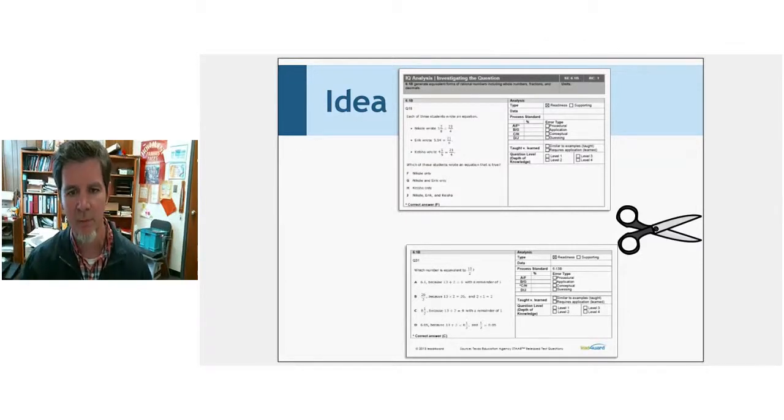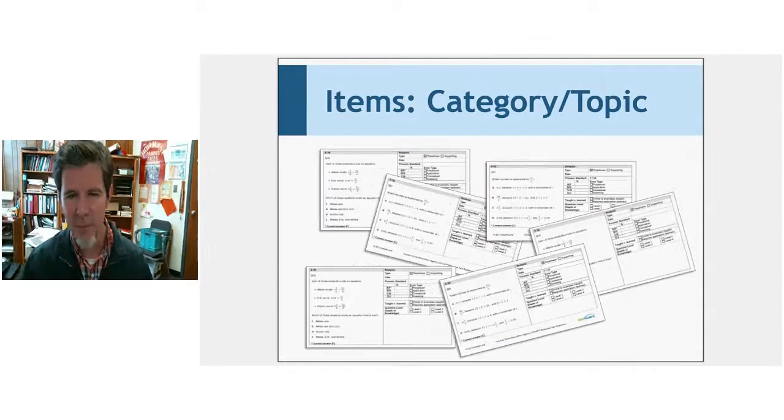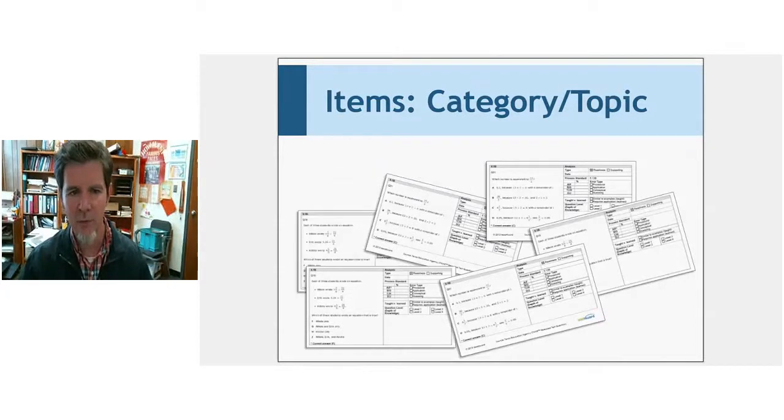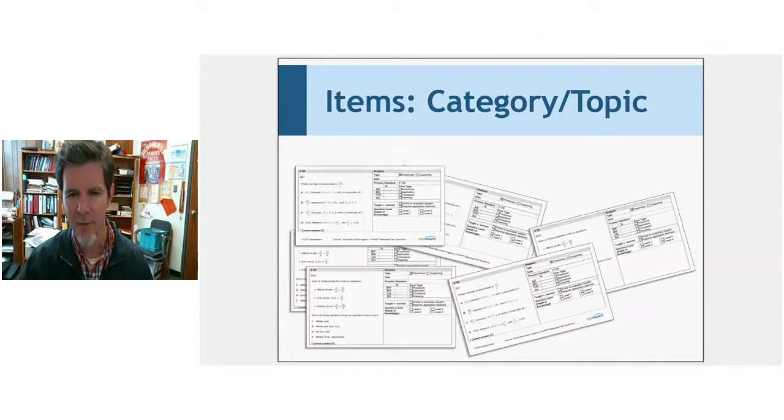I'll give you a couple of examples. One is to take a collection of maybe 10 items from either a topic or a reporting category, and once you've got all that data on all those 10 items, arrange them in different ways so that you can try and pull some different information out of it.